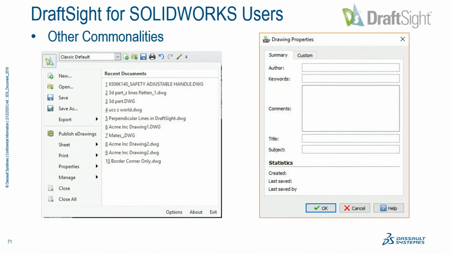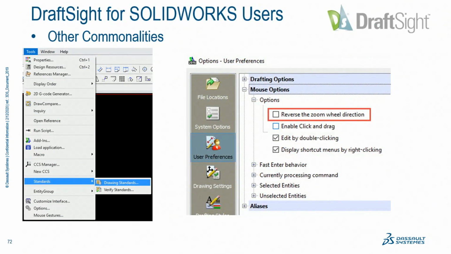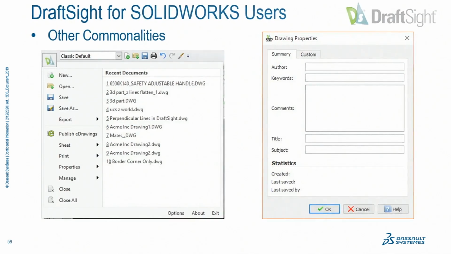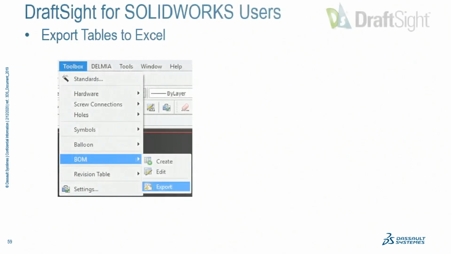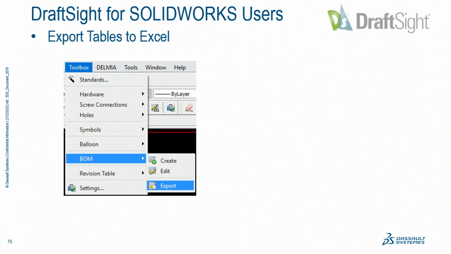One other thing I was going to bring up that popped in my head. Let me go back one here. I think it's this one. Yes, bill of materials. You have the sheet set manager, I don't remember the name.